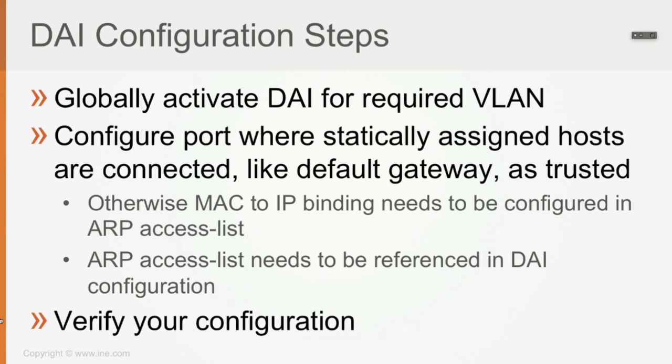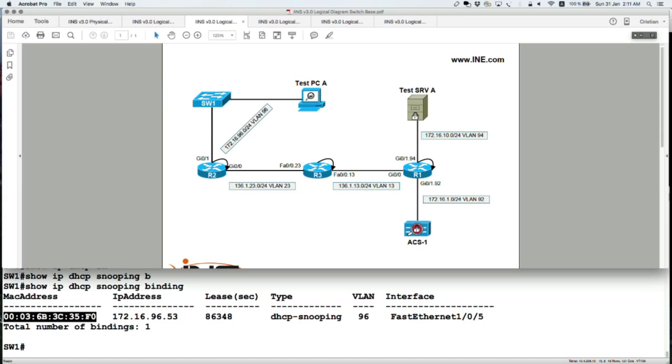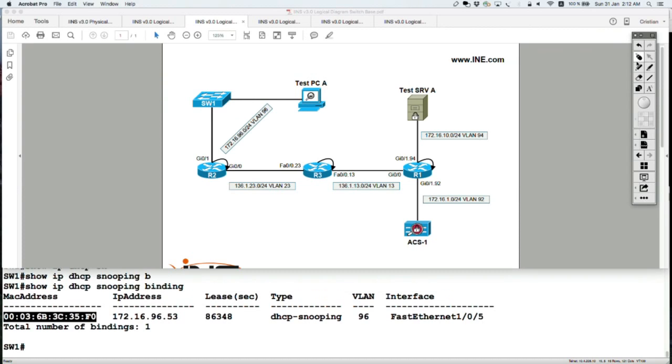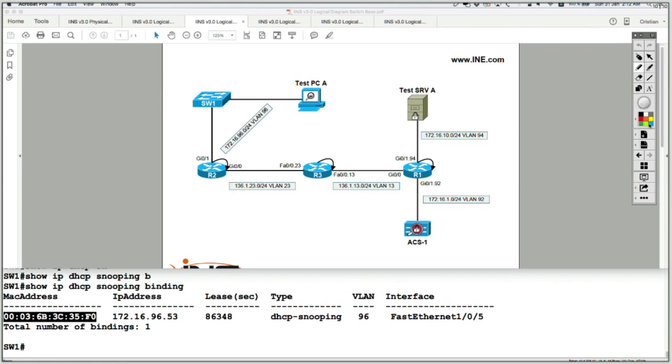So let's see, we're going to go ahead and use the same setup since we have the DHCP snooping configured. So this time I'm going to go on VLAN 96, enable dynamic ARP inspection, which means initially all ports will be untrusted from the inspection point of view.